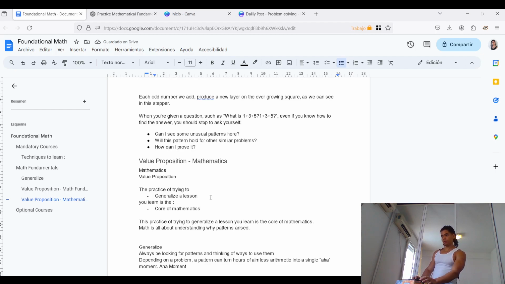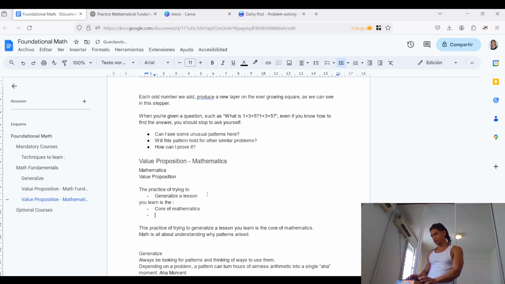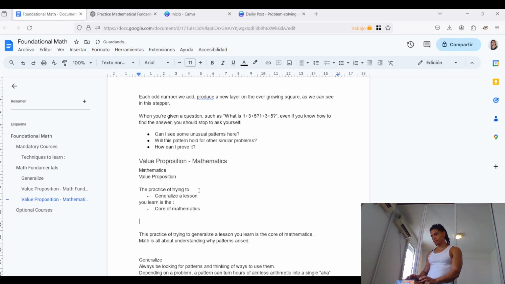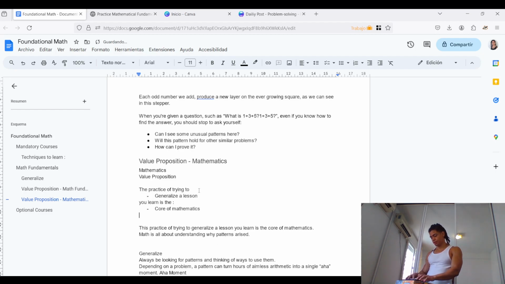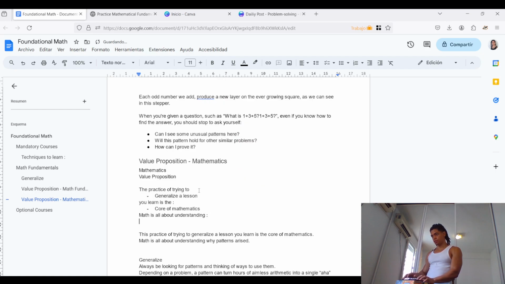Math is all about understanding why patterns arise.